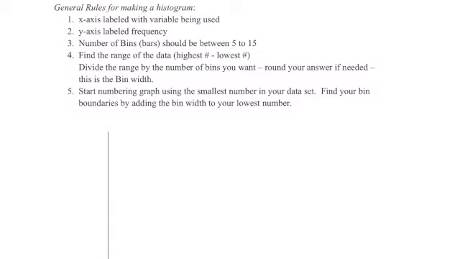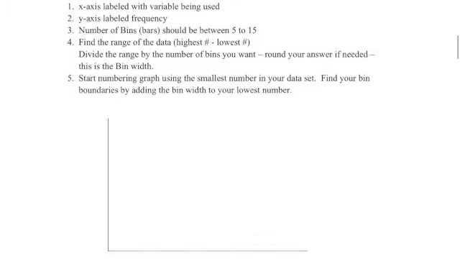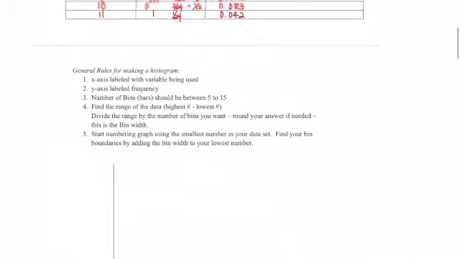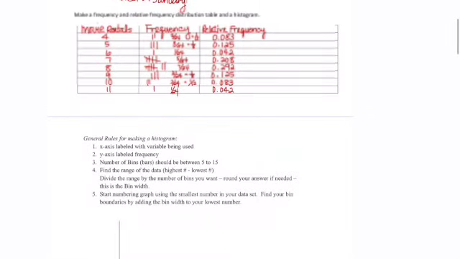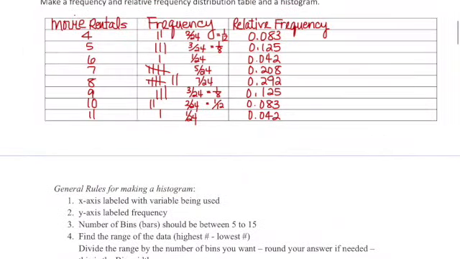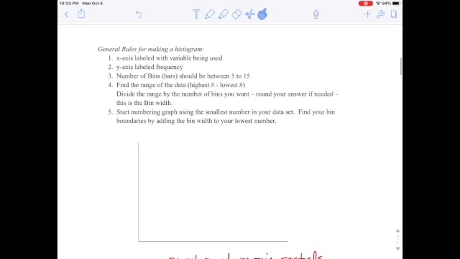5. Start numbering the graph using the smallest number in your data set. Find your bin boundaries by adding the bin width to your lowest number. So number 1, we are going to label the x-axis, and the x-axis is going to be the movie rentals. 2.